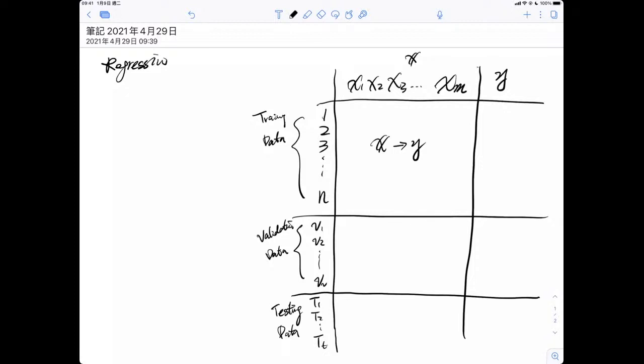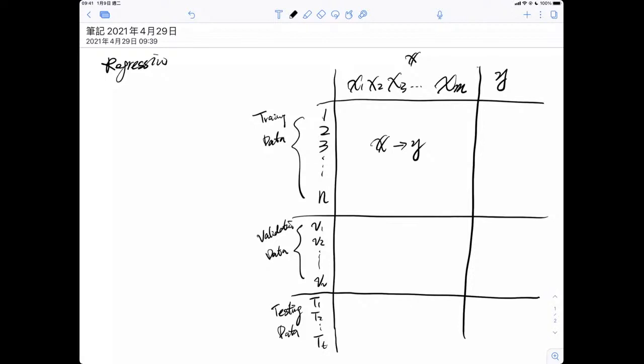You collect the data and partition them into three different parts. Use the training data to train your model, use the validation data to make sure your model is good enough, and use the testing data to verify, for example, your accuracy, your MSE value, your mean squared error value.